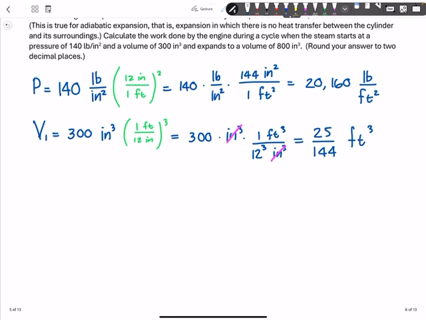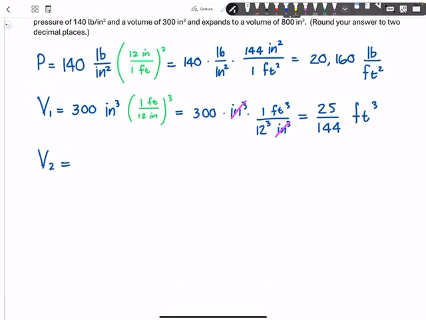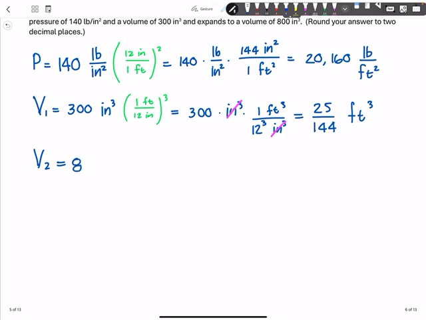The same thing for that second volume. I have 800 inches cubed. In the same way, I want to convert inches cubed to feet cubed. So I'll multiply by 1 foot over 12 inches, and we're cubing this value, of course.